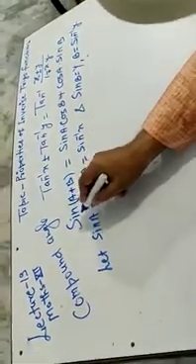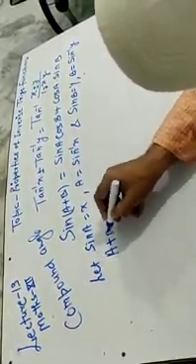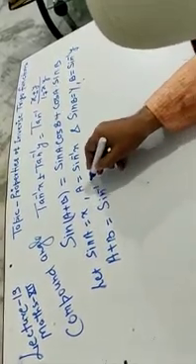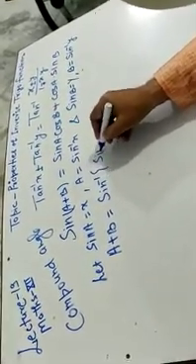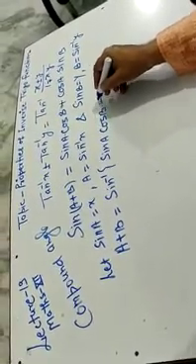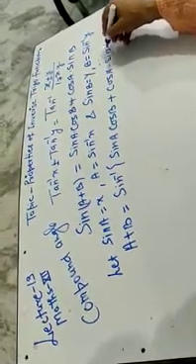Now you go on the formula of compound angles. A plus B equals sine inverse of sine A into cos B plus cos A into sine B.